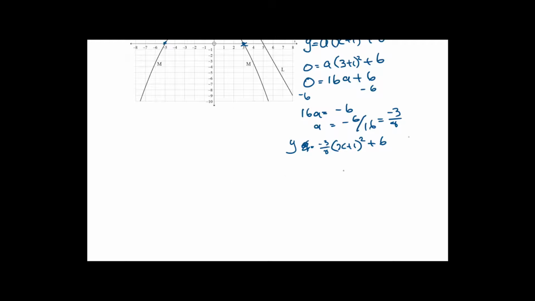So (x plus 1) squared is going to be x squared plus 2x plus 1, times negative 3 over 8, so negative 3 over 8 x squared plus negative 6 over 8 x, negative 3 over 8, plus 6, and 6 minus 3 over 8.